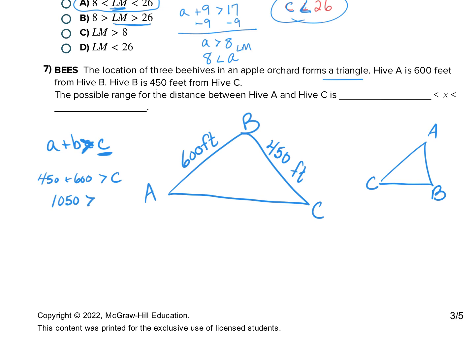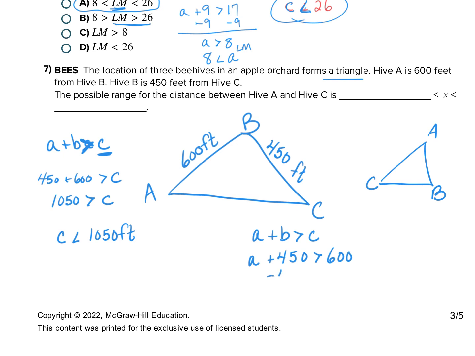So that means our longest side has to be less than 1050 feet for it to form the triangle. But that's my longest side. So now I have to find out what the shortest measurement could be. So again, A plus B is greater than C. In this case, if AC is my shortest side, then that's going to make 600 my longest side.